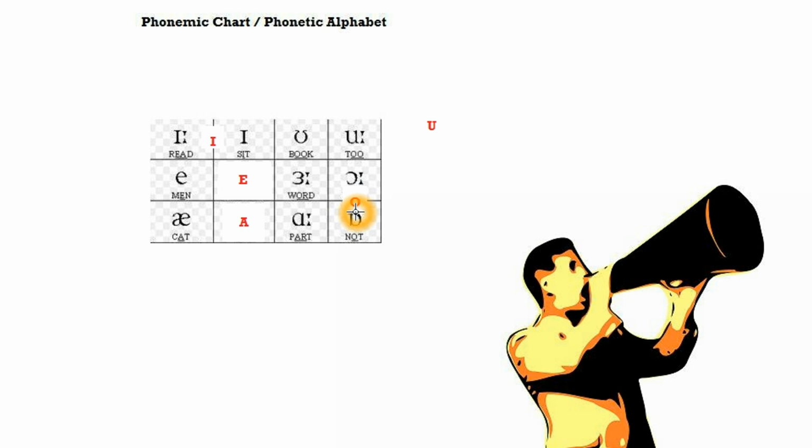As you can see, this O is not as wide as A in stop, and not as long as O in north. But again, it's somewhere in between. And the last Italian sound is U. And it's in between U of book and O of toe.